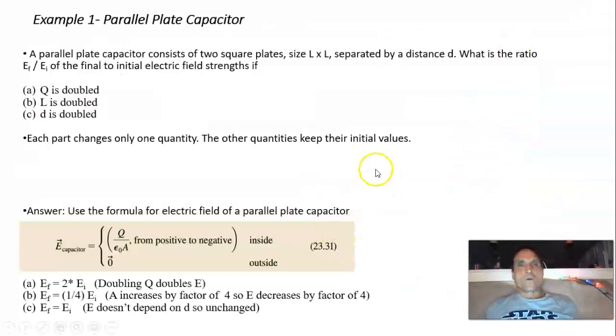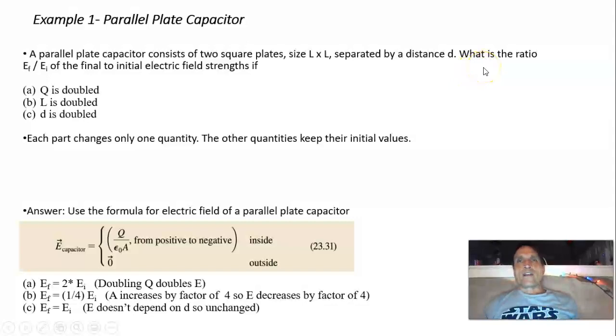So we go to our parallel plate capacitor formula, right? So like any problem, we find the formula which relates what we're trying to find, which is electric field strength, in terms of what we're given, which is the plate areas and the distance, okay? So here's the equation for the parallel plate capacitor. So we find the relevant equation.